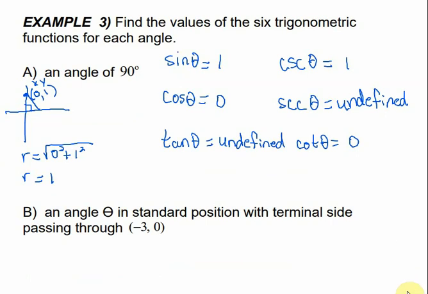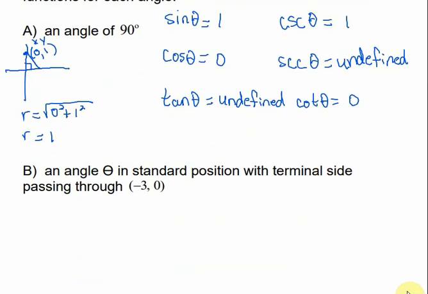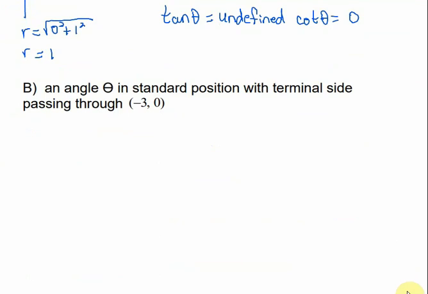Okay, so now we're going to do angle theta in standard position with terminal side passing through -3, 0. So this would be another quadrantal angle. The point -3, 0 would be right here on the negative x-axis.